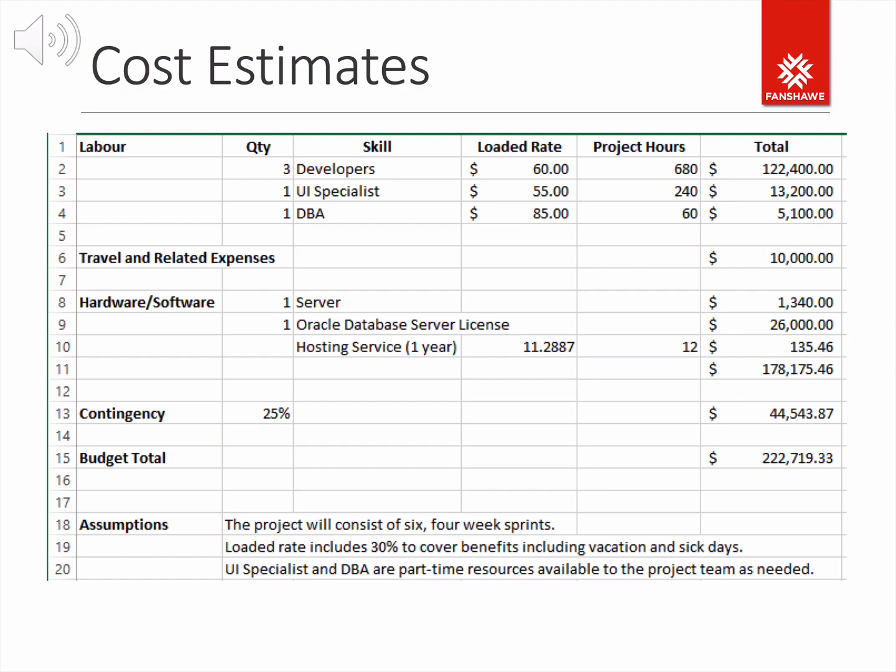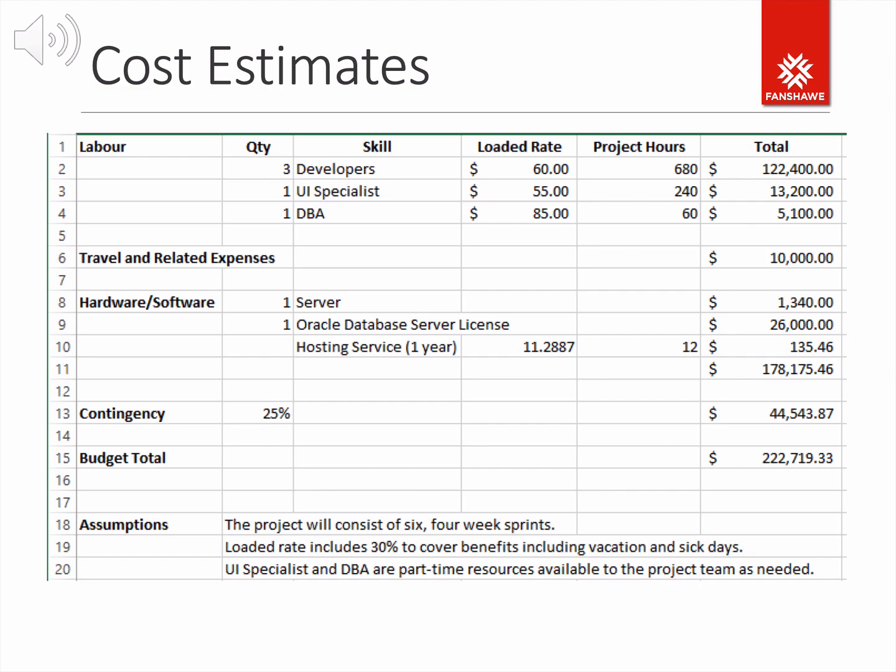And then we actually need to look at what are the rates of the individual. If you notice at the top of the rate field, we say loaded rate. So what is a loaded rate? It's really the hourly rate of that individual plus about 30% of additional costs that covers benefits, vacation, and sick days.